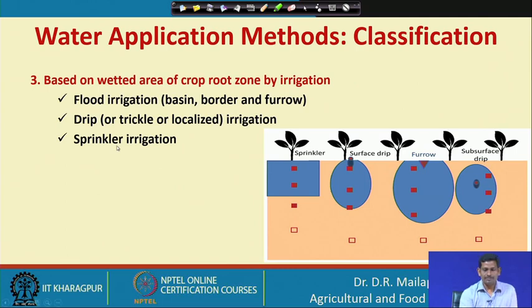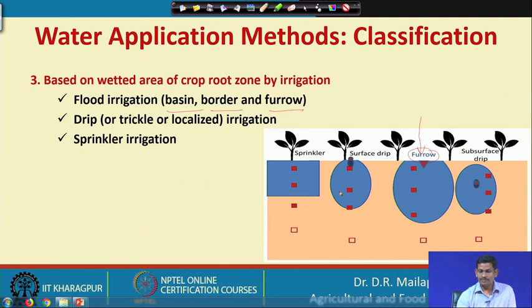Based on the wetting patterns, irrigations are classified as flood irrigation, which is basically basin, border and furrow. The water applied on top of the surface, for example in the furrow, creates a spherical wetting front, and then drip or trickle irrigation.